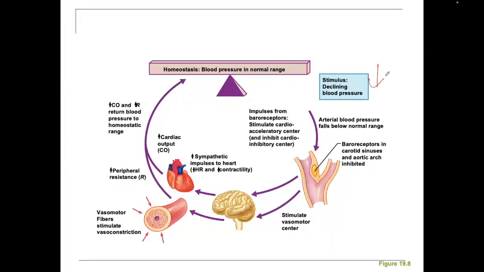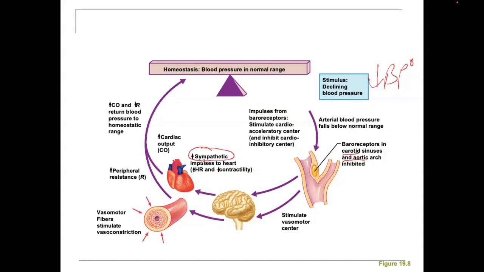Something happens decreasing the blood pressure. Same thing: the baroreceptors in the carotid sinuses and the aortic arch pick up that the blood pressure is too low. It goes to the neural system to stimulate the sympathetics.